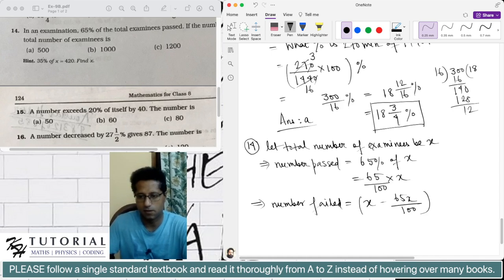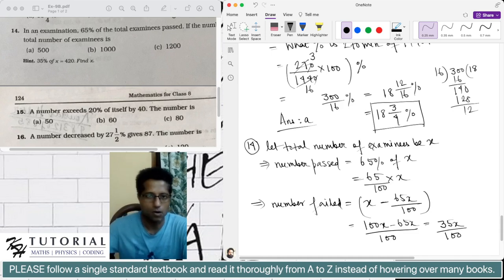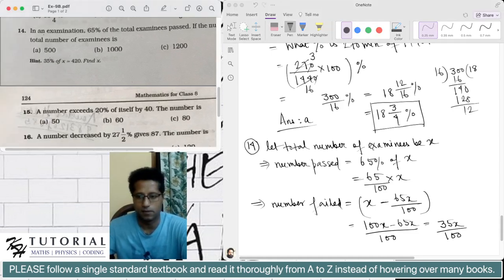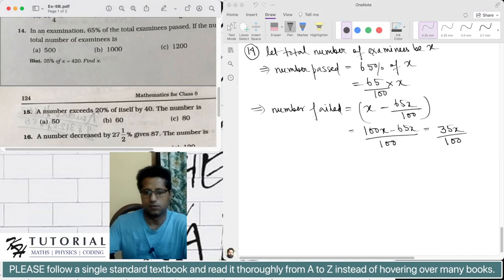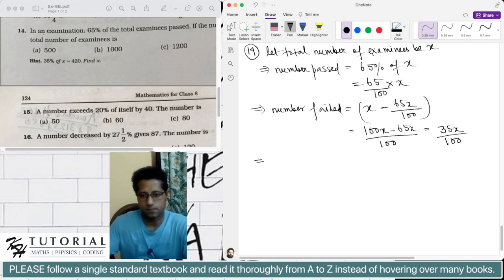So this is the number of examinees failed, which is equal to (100x minus 65x) by 100, and this is equal to 35x by 100.